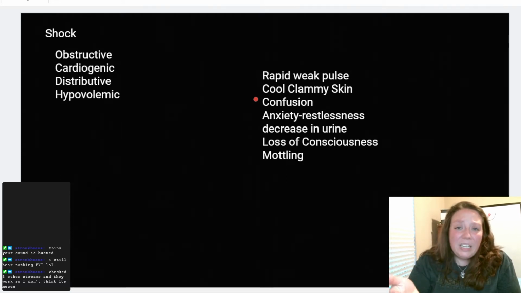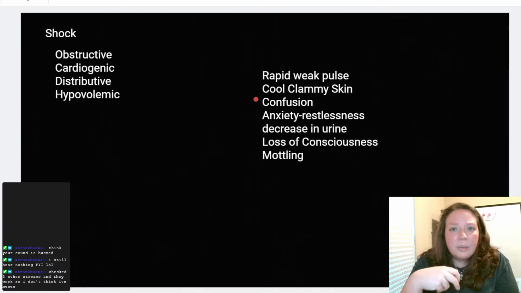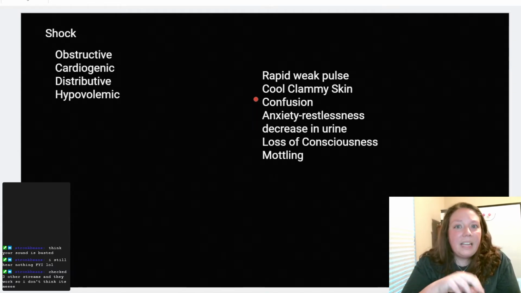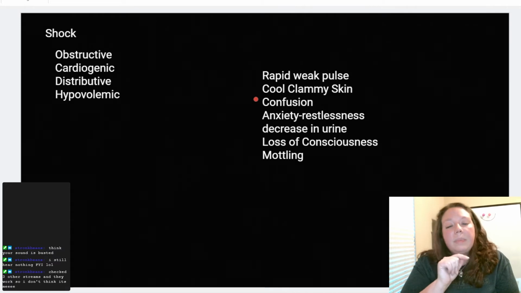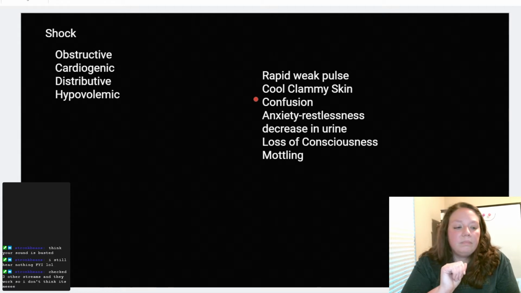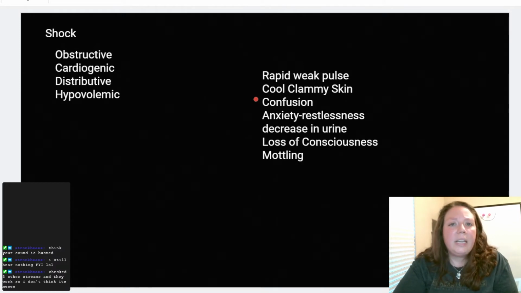If you have a patient who is pulling their IVs out and they can't sit still in the bed, that's a bad sign. It might be just that they want to get out of the hospital, but there might be an underlying reason. So you need to figure out what might be the reason. If the patient was fine and all of a sudden they start to get a little loopy, a little confused, then that could be a good sign that your patient is going into shock.